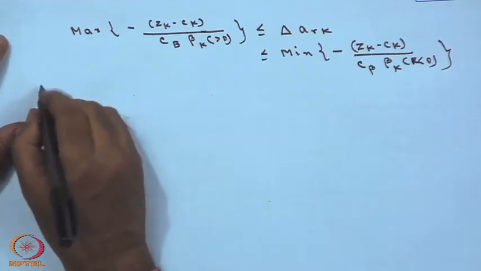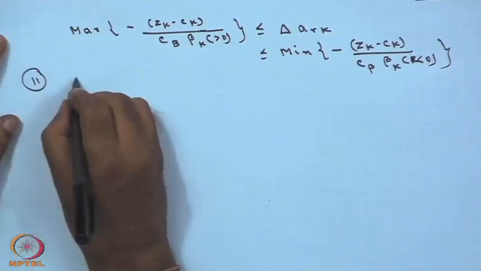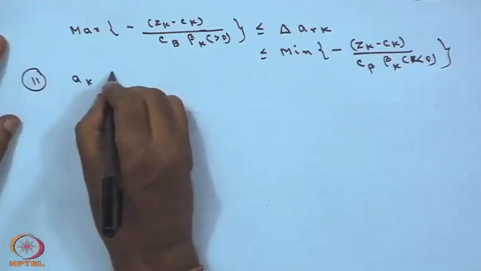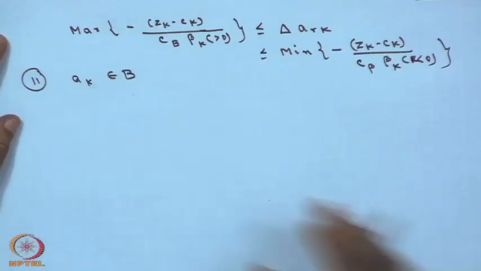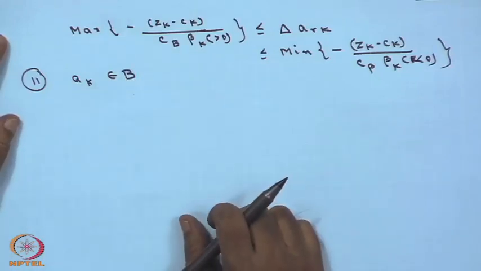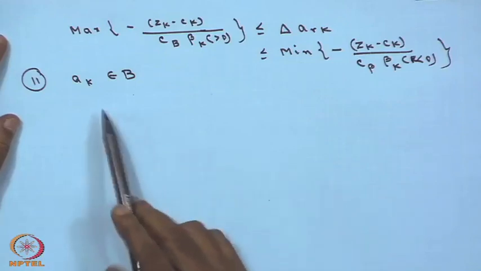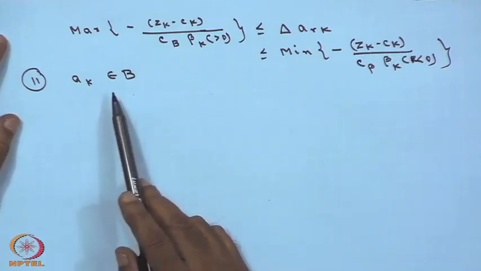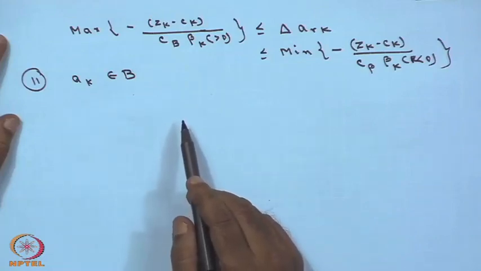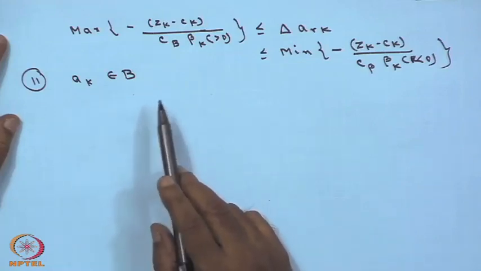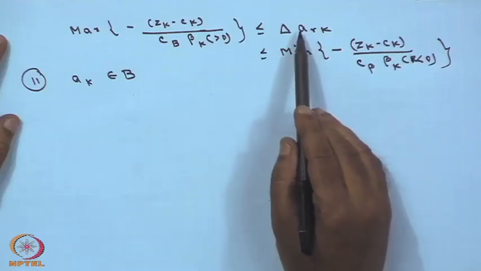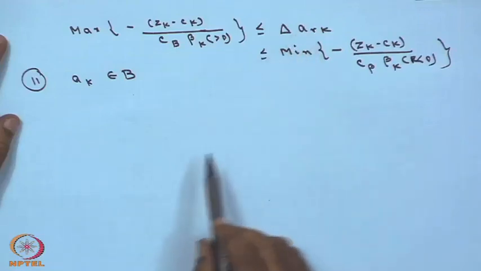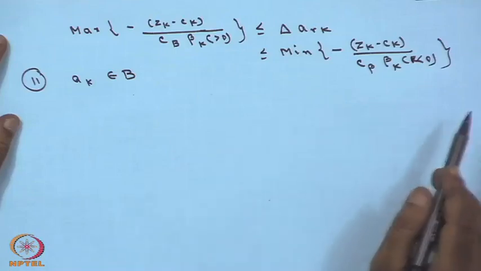Now, come to case 2, that is a_k belongs to B. For changes delta a_rk in a_k, in that case we are interested to know the range of delta a_rk for which feasibility and optimality both will remain unchanged.